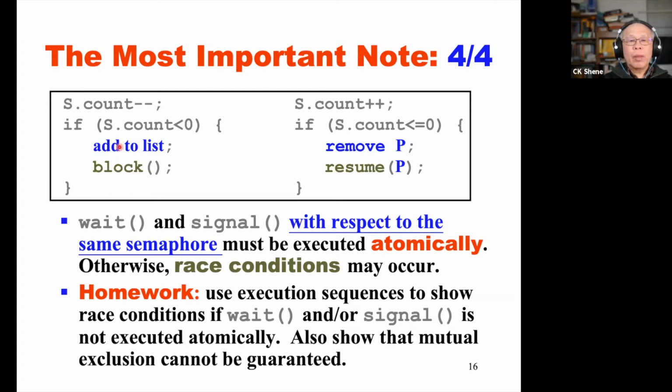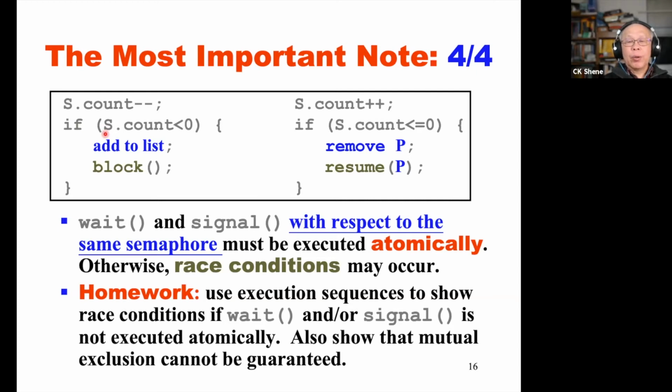However, if A calls the wait method of S1 and B calls the wait method of semaphore S2, because S1 and S2 are two different semaphores, we don't have this atomic requirement.